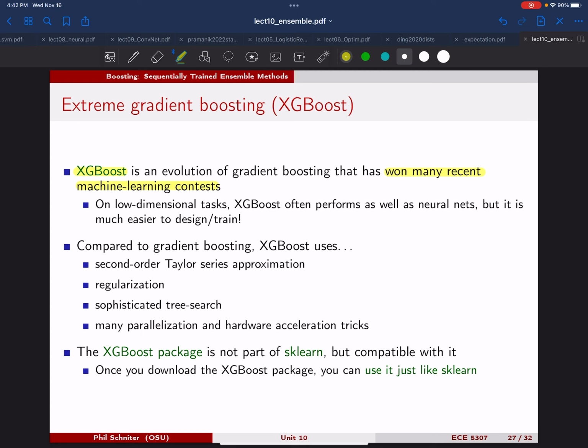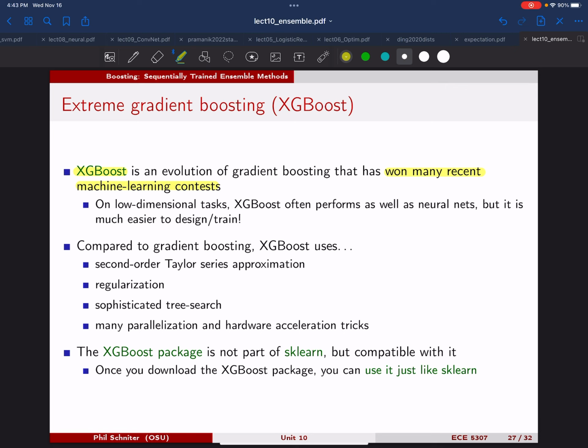You'll find it's much easier to design a model with XGBoost. It has really good defaults. You just run it, and it usually gives a really good solution. You can definitely tweak a lot of things and make it a little bit better, but out of the box, it gives a really good prediction.